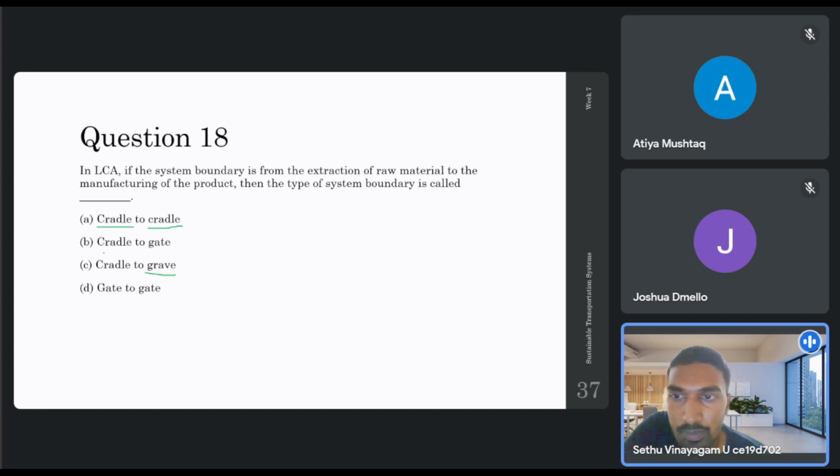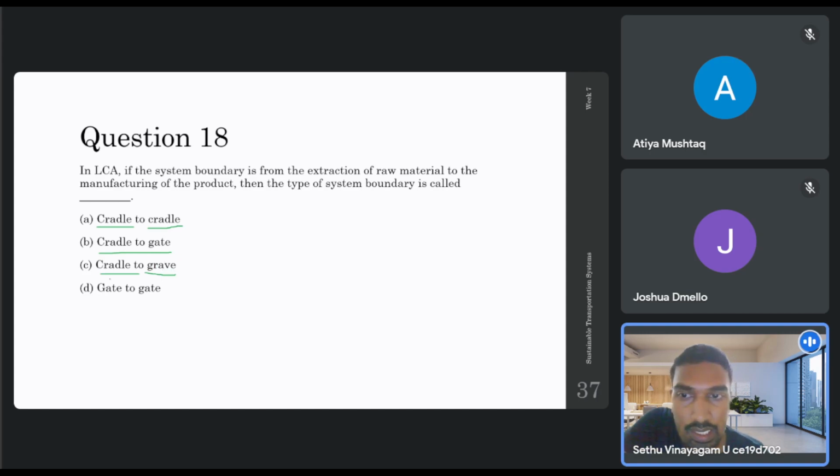So that's called a cradle to cradle boundary. Cradle to gate is basically from the extraction till the end of the production and before the distribution. Cradle to grave is more complete than cradle to gate. Instead of stopping at the end of production, you look till the disposal of the product.